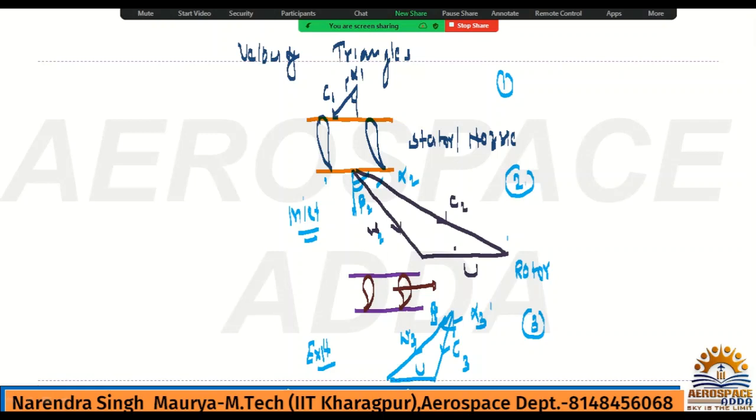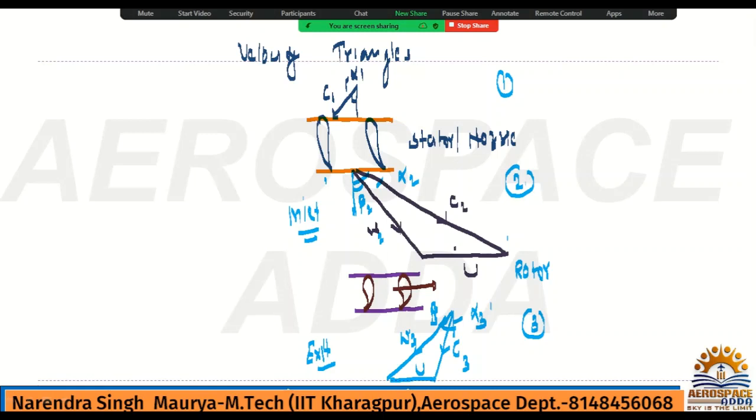I mean, a separate component is taken for the stator. For the stator, absolute velocity will be there and it will enter with the absolute velocity, so C1 is the absolute velocity for the stator. After the stator we will have a rotor, so for the rotor we should have an inlet triangle and an exit triangle. Before the rotor, the inlet velocity triangle is given, and definitely relative velocity will be entering the rotor, hence we have W2, and what is the angle of W2 with the axial?